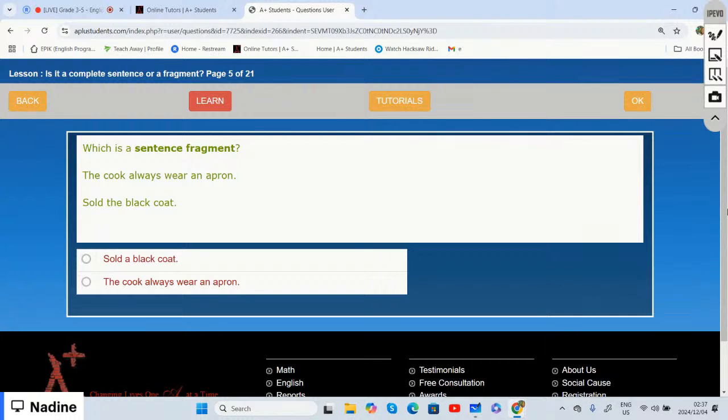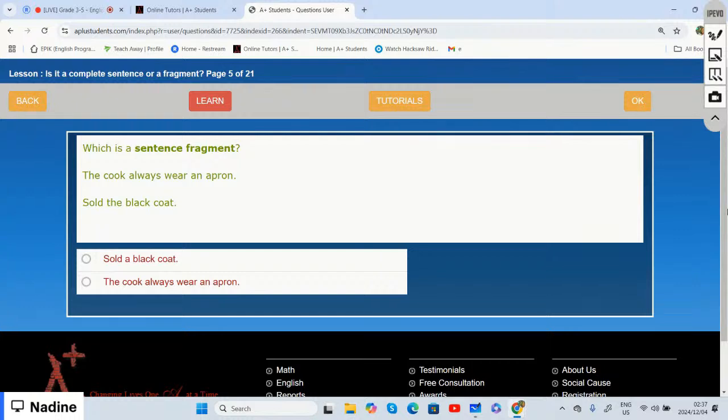All right. And then we need to say, is this a sentence fragment, meaning it's either missing a subject or it's missing a verb? It says option one, sold a black coat, or option two, the cook always wear an apron.